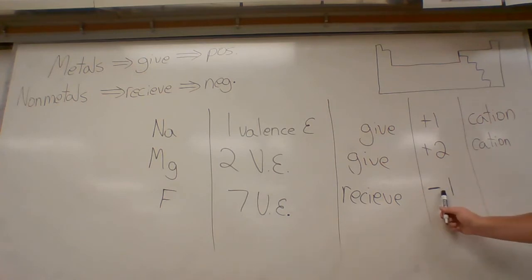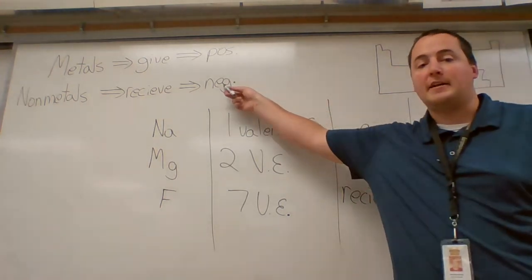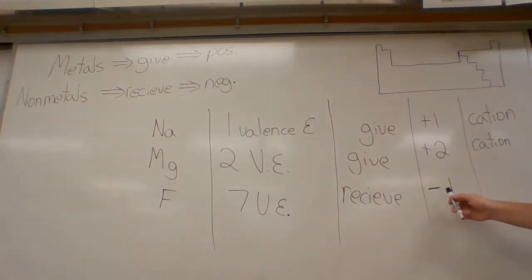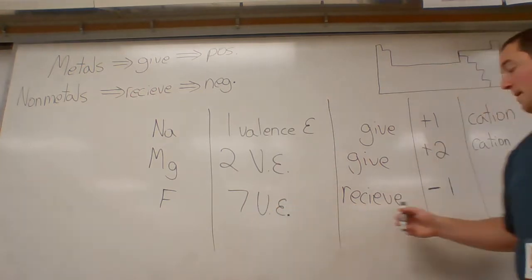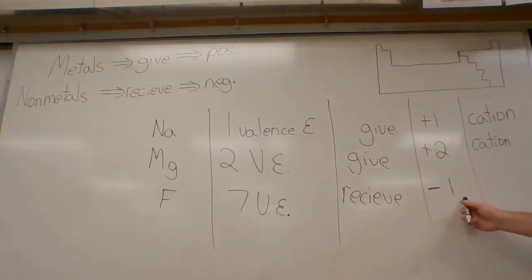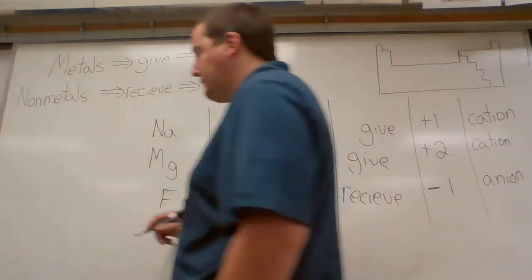Anytime you receive electrons, you become negative, and it has to gain 1 electron to get to 8. So that means its charge is going to be -1. Now, because it's a negative charge, this would be known as an anion. So that's fluorine.